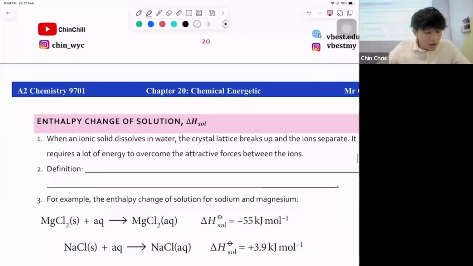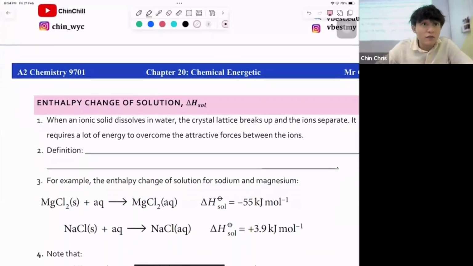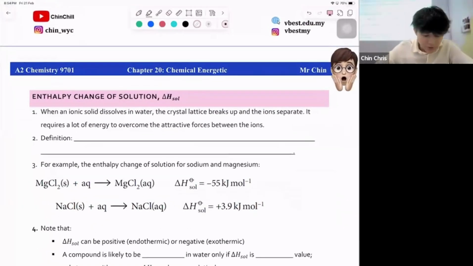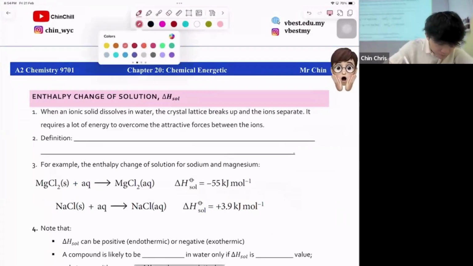Alright guys, when an ionic solid dissolves in water, the crystal lattice breaks up and the ions separate. So it requires a lot of energy to overcome the forces here. Now let's look at the definition.